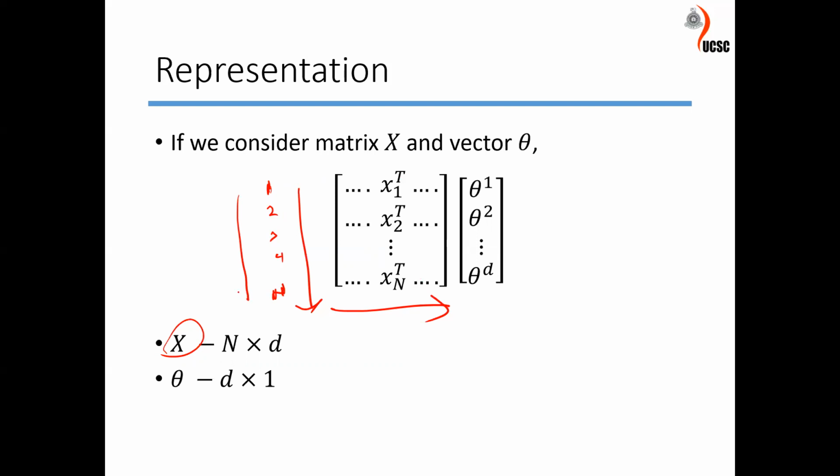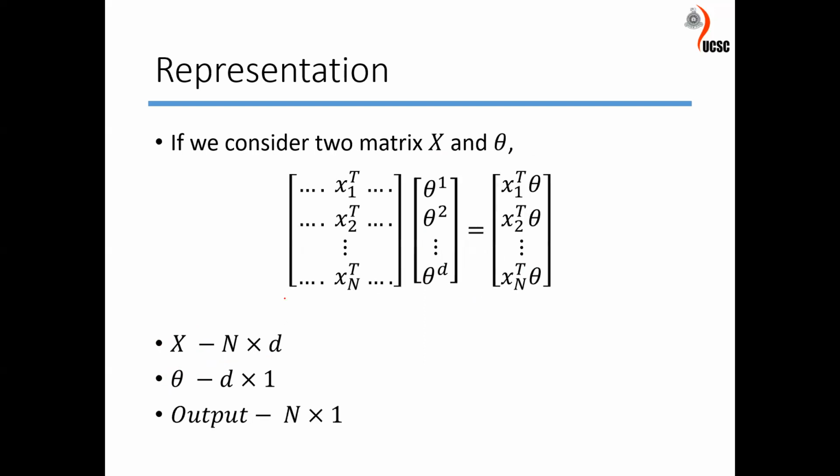We have n data points and d dimensions. For one particular row, we have d columns. So this matrix X is an n by d matrix. Then if you consider theta, it's d by 1, so we have d rows and 1 column.